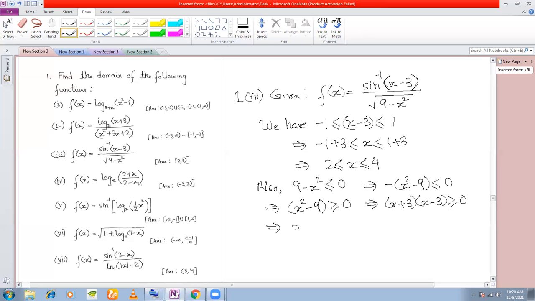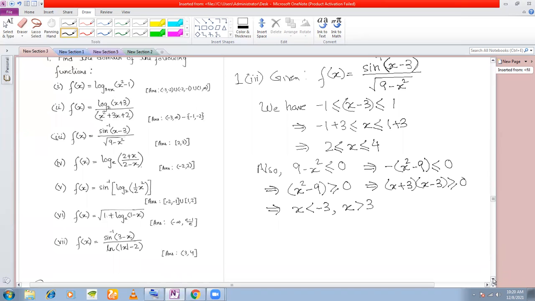So therefore, x has to be less than minus 3 and x has to be greater than 3, right? Okay, so x is less than minus 3 and x is greater than 3.